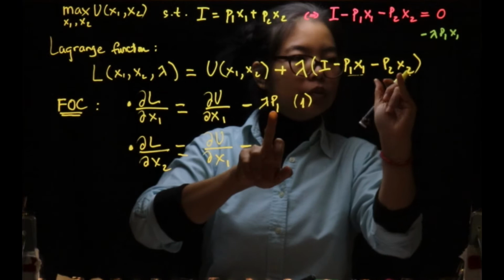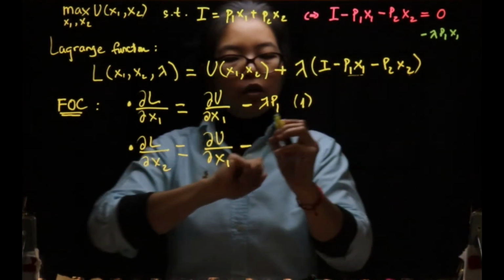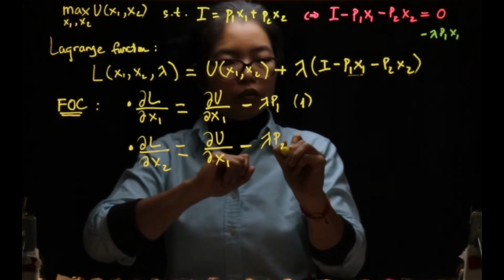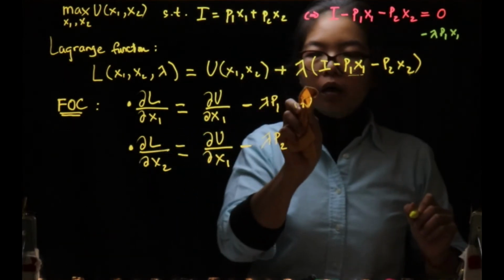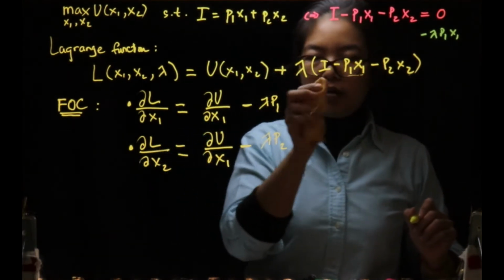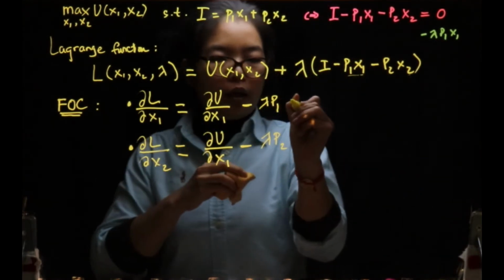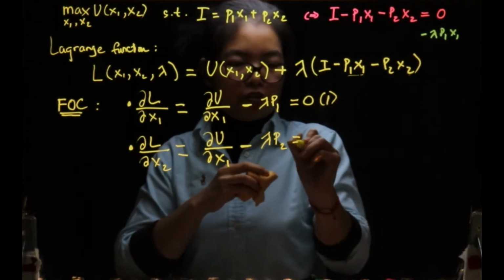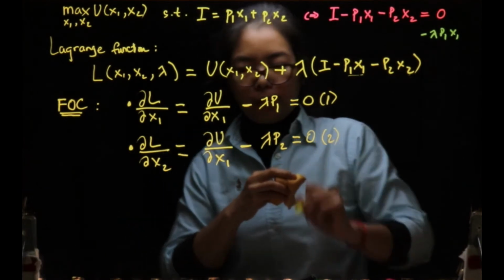We have minus p2 x2 times lambda left, so that should be minus lambda times p2. Oops, I missed something here, very important. So don't make a similar mistake. Set the first order derivative equal to 0, right?